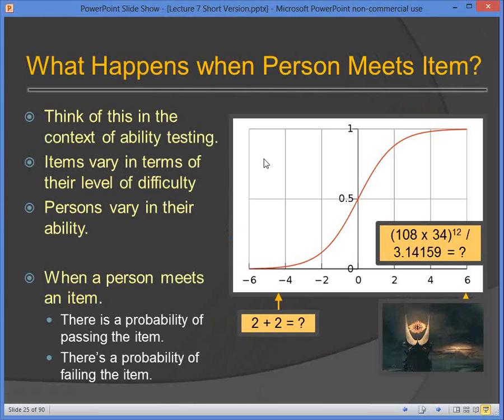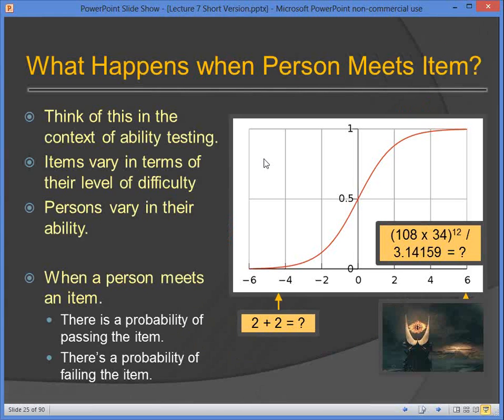So just to review the Rasch model, as you know, it's founded by Rasch, who was a Danish statistician, and he asked the question, what happens when a person meets an item? And Rasch said that the relationship between person and item is a struggle. It's a probabilistic relationship. It's like a chess game or a tug of war.